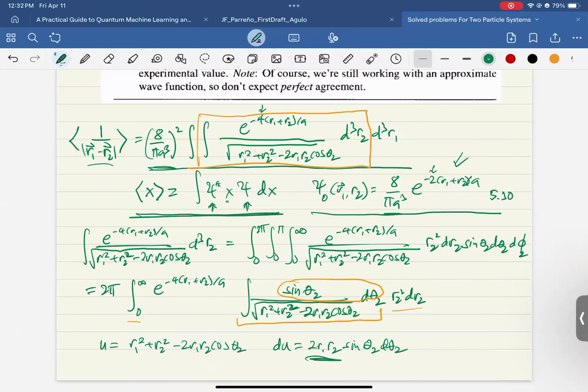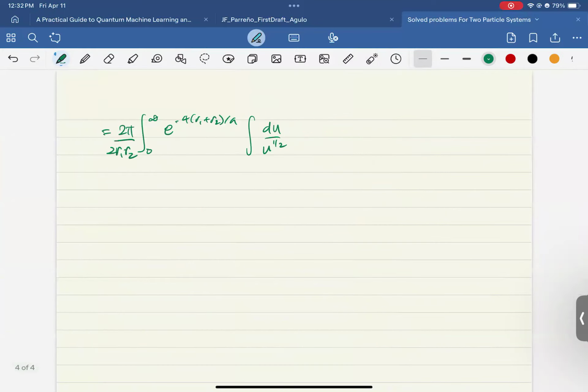Okay, yan. Okay, and then of course ano yan? R2 squared, R2 squared dr2. Okay, so itong integral na ito, okay, leads to u to the 1/2 over 1/2 or 2u to the 1/2.